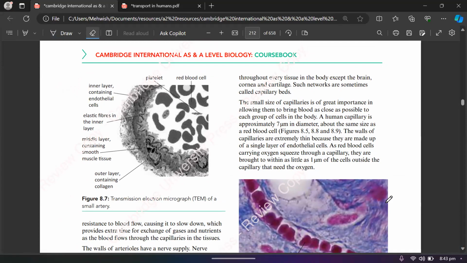All three of them are present, but in less quantity as compared to a bigger artery like the aorta or pulmonary artery. And inside it, you can see red blood cells of biconcave shape. There are some white blood cells as well, but these biconcave shapes help you to identify that they are red blood cells, right?